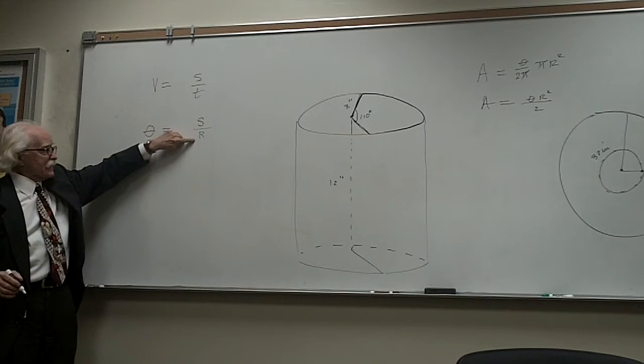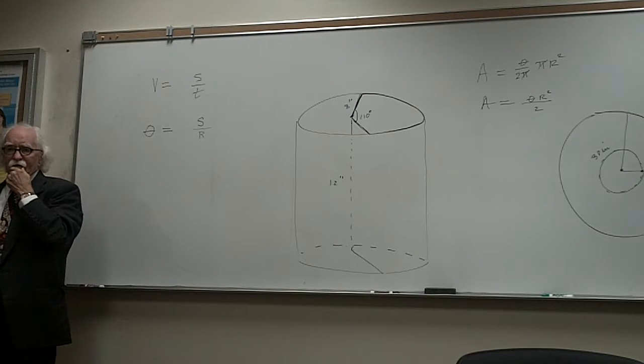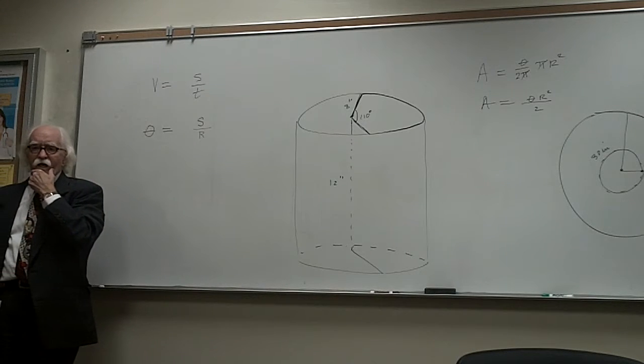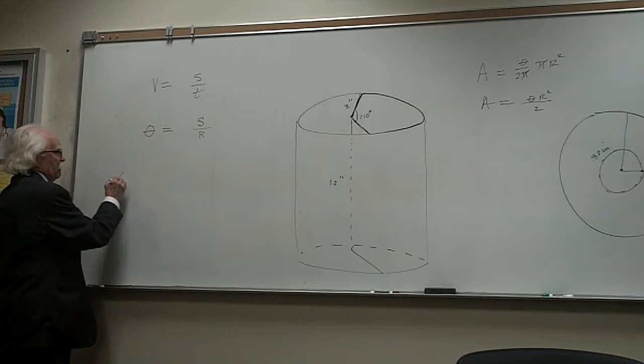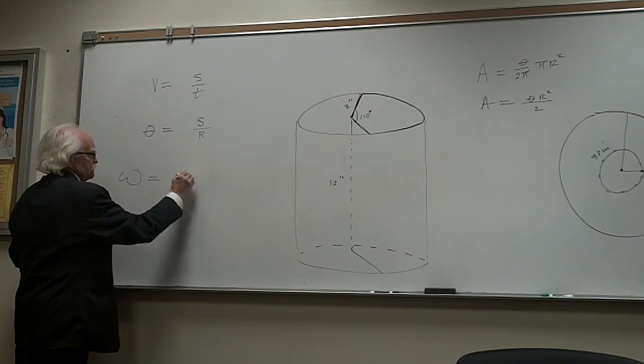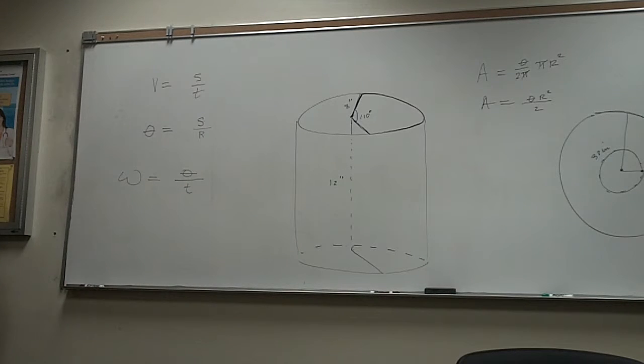Because if S is equal to R, we got 1 radian. So what's this? Omega is equal to so many rads divided by time. So many, 6.28 rads per second.